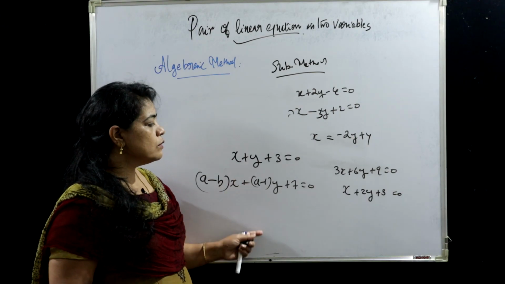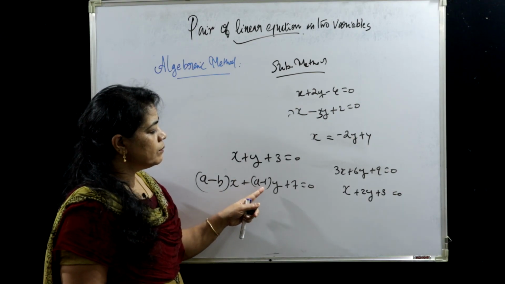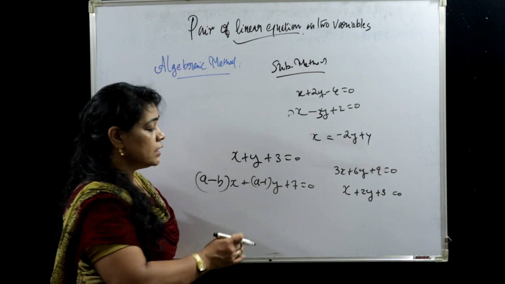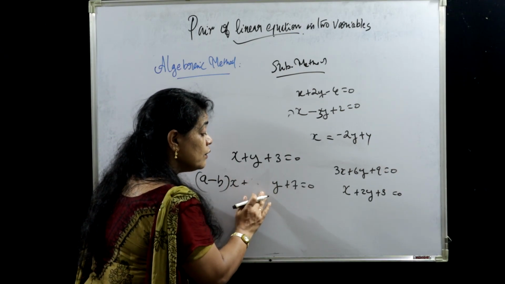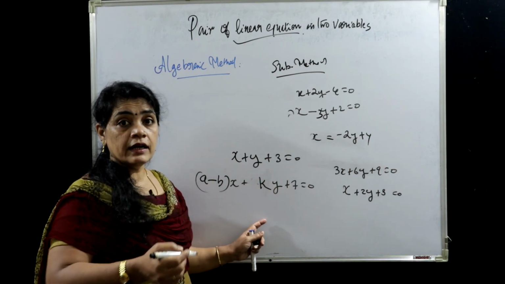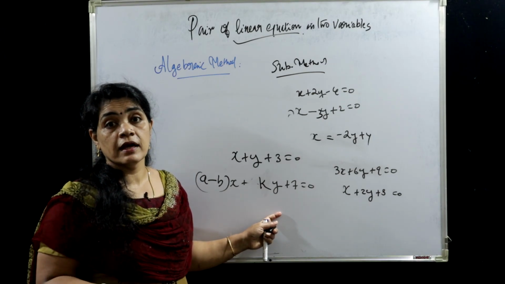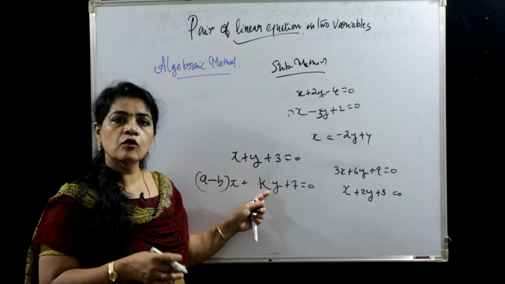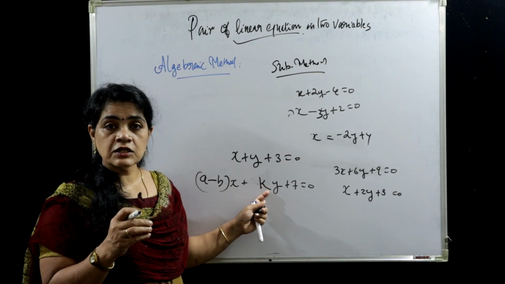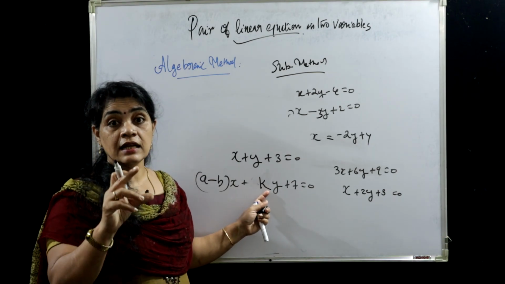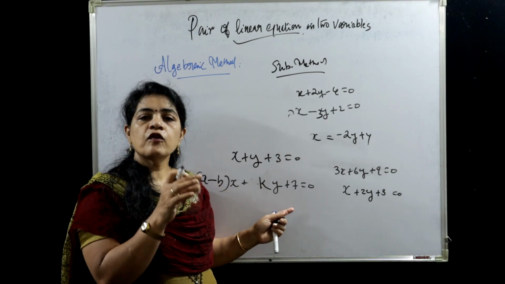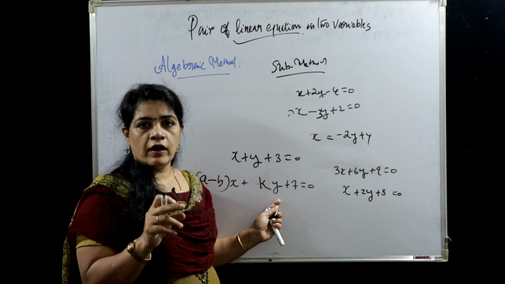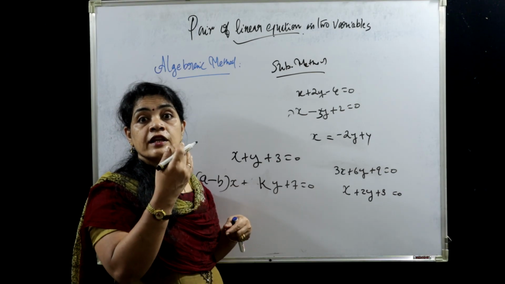Sometimes it may be the value of k, and you are asked to find the value of k, provided the given pair has infinitely many solutions. In order to get the value of k, what is the condition? The condition will be there in the question: find the value of k provided the given pair has infinitely many solutions.